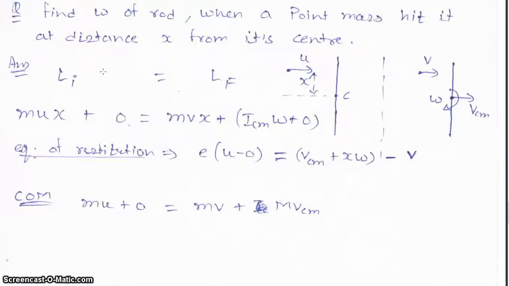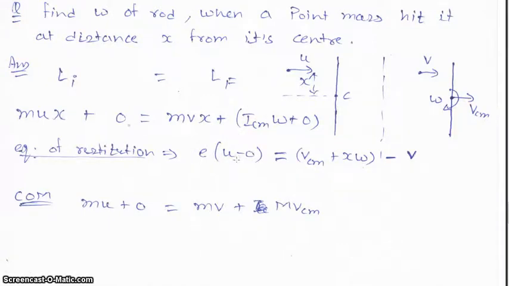And a question which is similar to the previous one. Now the rod is free and the particle hits it at a distance x from its center, and again we apply conservation of angular momentum as well as conservation of linear momentum. Angular momentum we can apply in this situation about any point because there is no external torque at all; the forces are internal because of the collision.